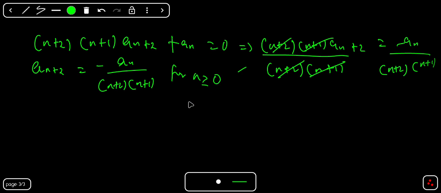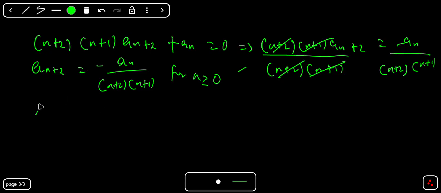Now, what are we going to do now? We're going to determine the coefficients. So we separate the coefficients into even and odd indices, which will be determined by the arbitrary constants a0 and a1. Let's start when n is equal to 0.